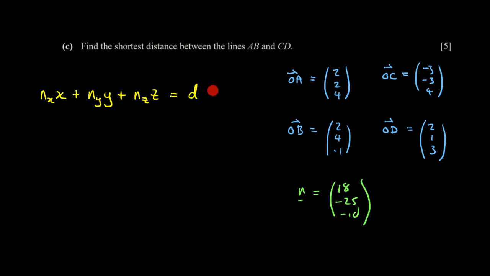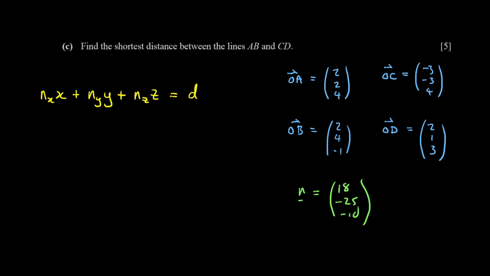And this number d is very closely related to the shortest distance from the origin to the plane. If we take this number and divide it by the magnitude of the normal vector, that will give us the shortest distance. If you want the full explanation of why that is, go watch the first part of the video again. I'm not going to repeat it, but that's the key idea.